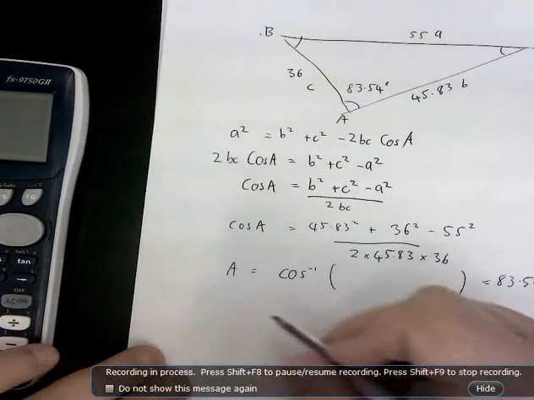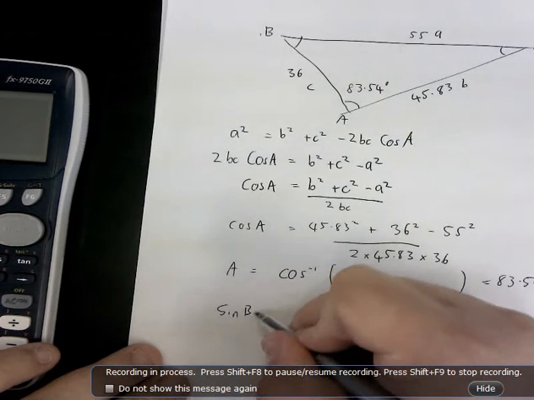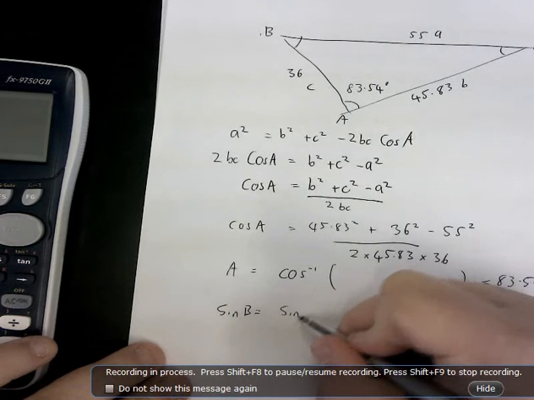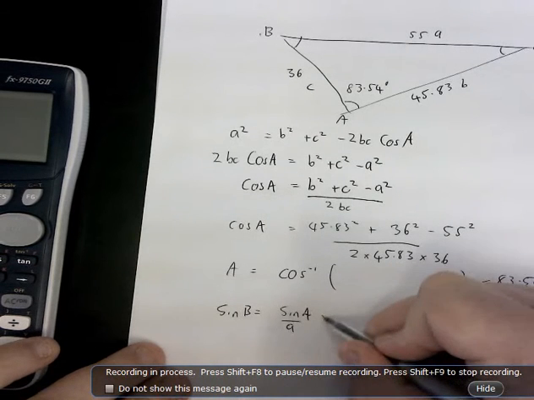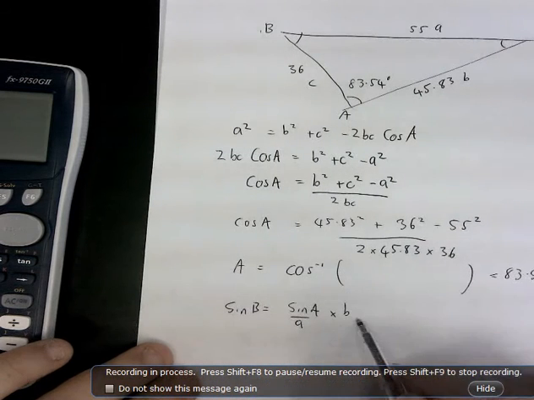So I'll just jump ahead to sine B equals sine A over A times B, because I bring this B over to here.